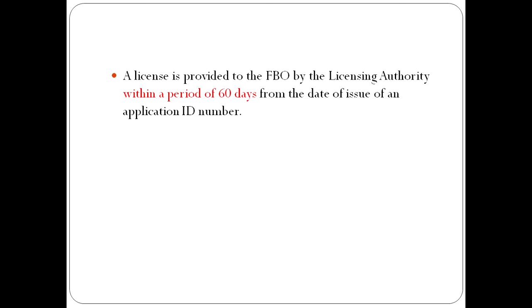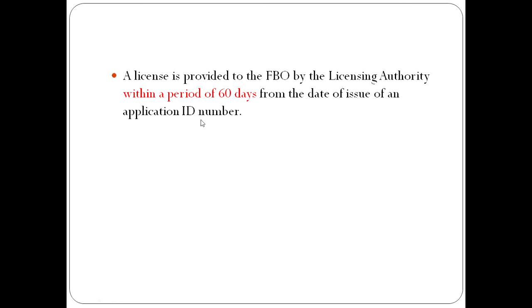Next thing is, a license is provided to the FBO by the licensing authority within a period of 60 days from the date of issue of an application ID number. Suppose a food business operator is applying for a license. When he goes for an application, the FSSAI in return provides the food business operator with an ID number.